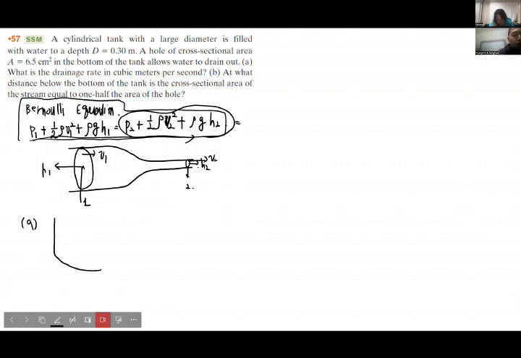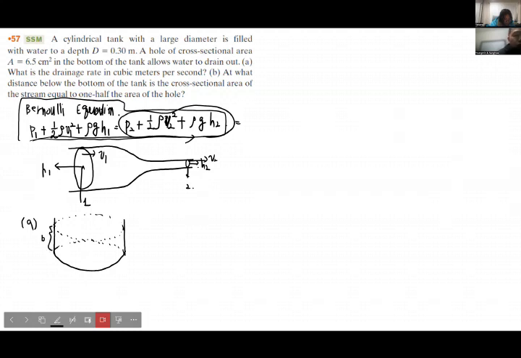Now you have a water container, a cylindrical tank, with radius r and depth d. So the depth of this water in the cylindrical tank is d.